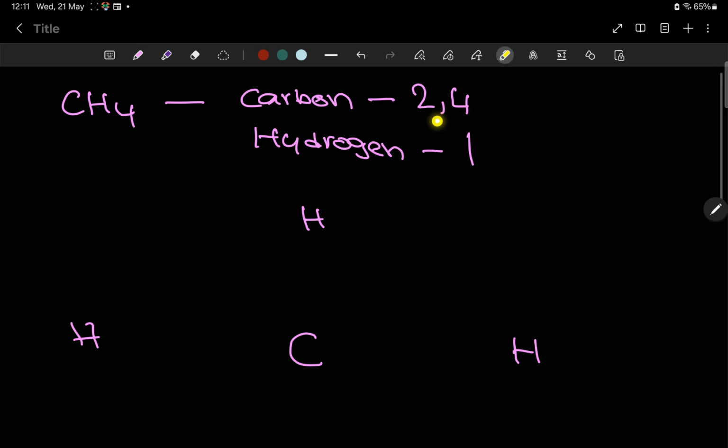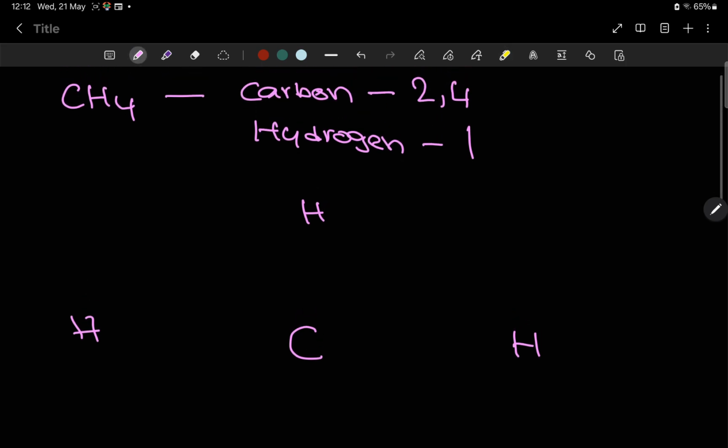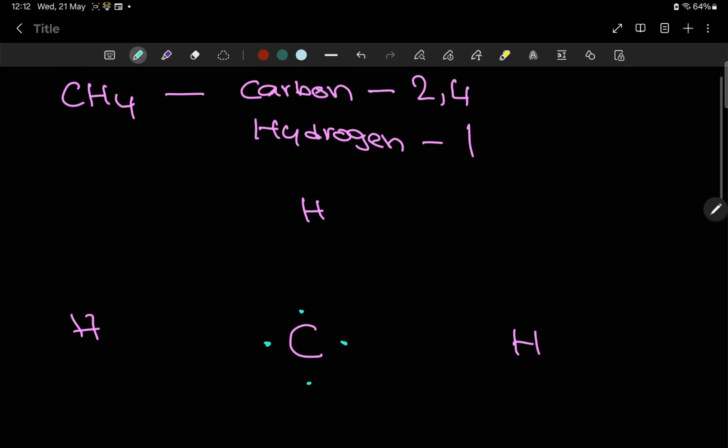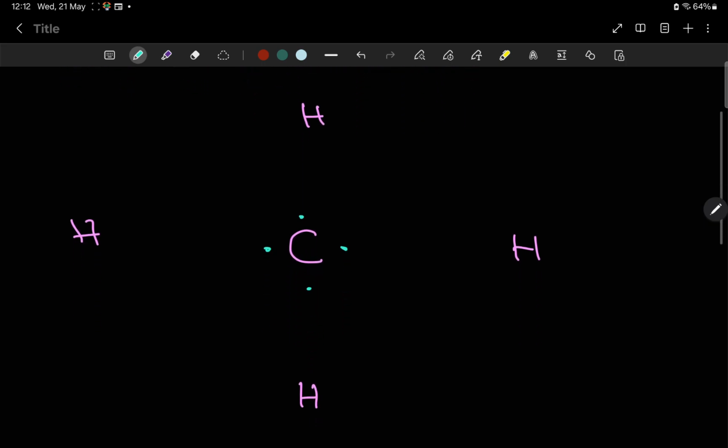It has 4 hydrogen atoms, so let's write C and H, H, H, and H. Carbon has 4 valence electrons, so let's draw those 4 valence electrons: 1, 2, 3, 4. It needs 4 more electrons to complete its octet configuration, and each hydrogen has 1 electron.